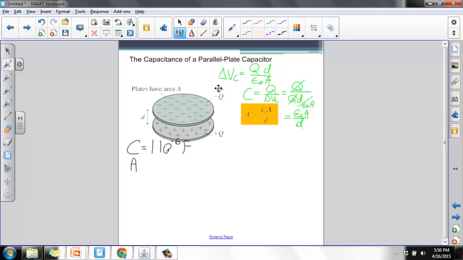And you want to build this with a very large plate, a large plate that has a surface area of a meter squared. What is D? Well, we're going to need epsilon naught, our constant, our permittivity of free space. So that is 8.85 times 10 to the minus 12 coulombs squared per Newton meter squared. And we'll just calculate D.